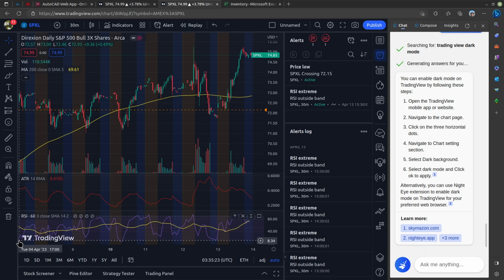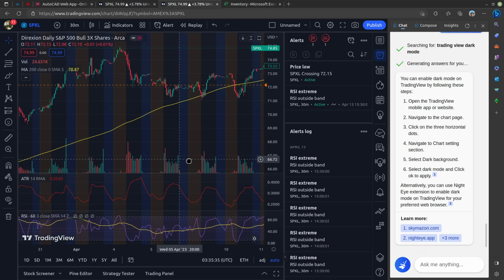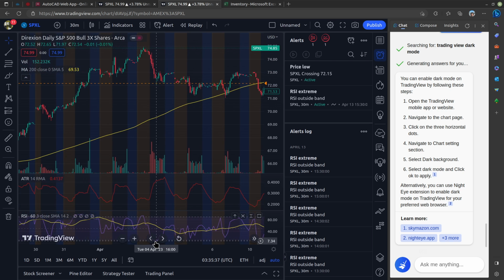Let's say you bought here. I think I did. I bought at 72 something because I saw something there, but I wasn't even using this software. Right here, this is a buy point, and then nothing happened.